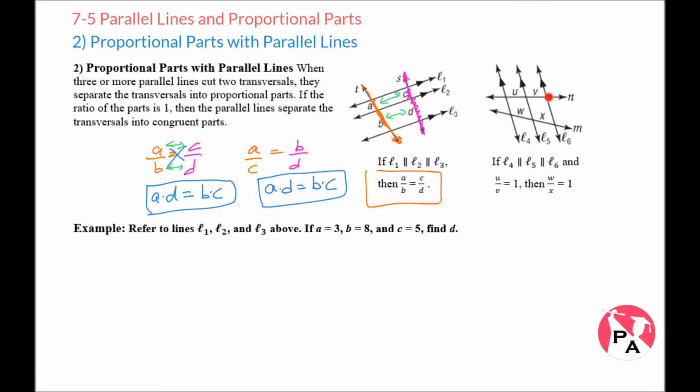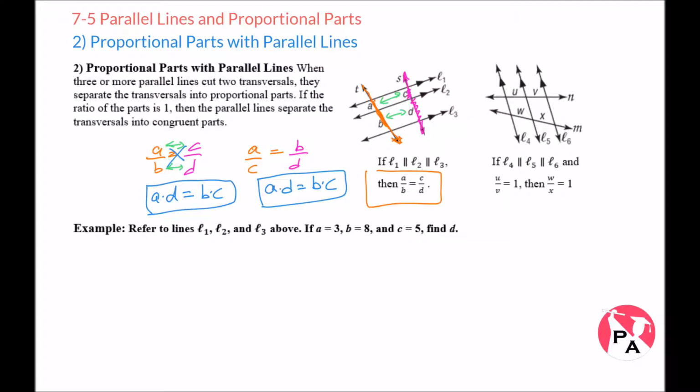U over V, if that is equal to 1, or this means if U and V are the same, because you get 1 if you divide the same number by itself. So what it says is, if you divide these two numbers and then get 1, W over X must be equal to 1 as well. That's all it says, and it has nothing different than what it says here.